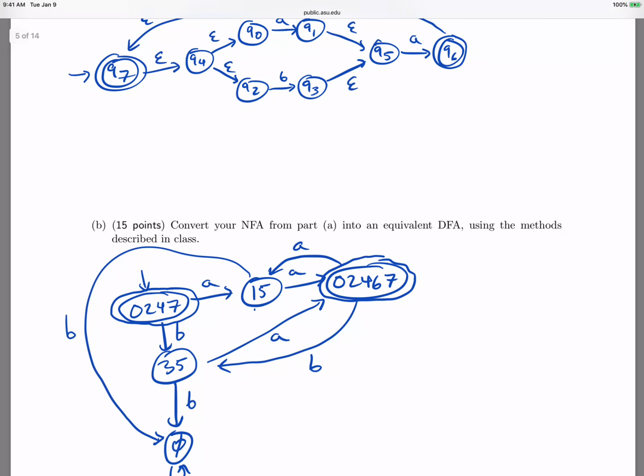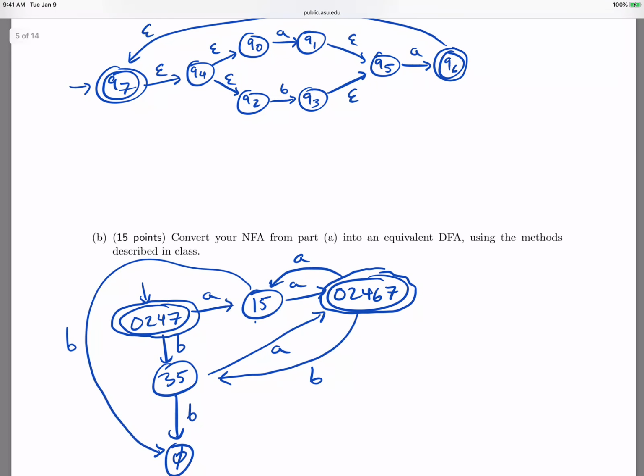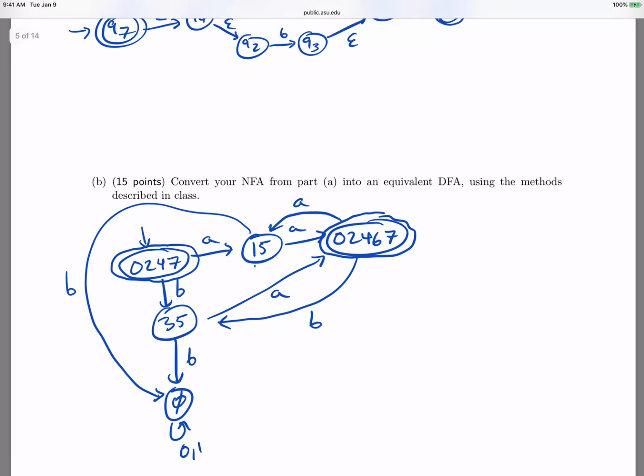If I'm in 0, 2, 4, 7 or 0, 2, 4, 6, 7, and I read a B, none of them have, no, never mind, sorry. If I'm in 3, 5 or 1, 5, then neither of those states have anything that goes out on B. So I go to the dead state, which, that shouldn't be 0, 1 down there. That should be A, B. Sorry for that.